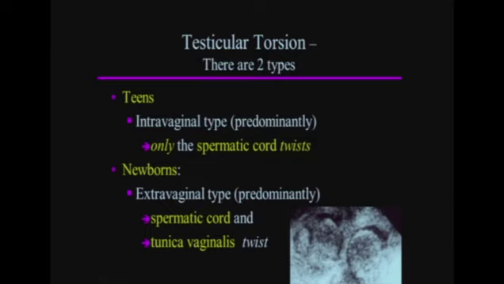There is the intravaginal type that are predominantly the ones that teenagers have, in which only the spermatic cord twists, and the typical newborn type, which is the extravaginal type predominantly, in which spermatic cord and tunica vaginalis twist. This individual also happened to have a torsed appendix testes.